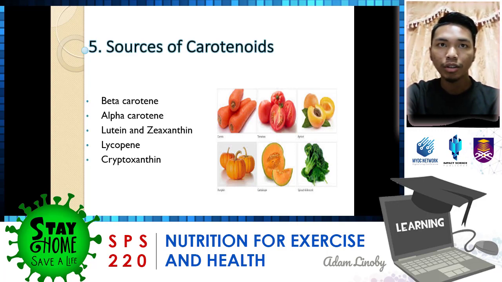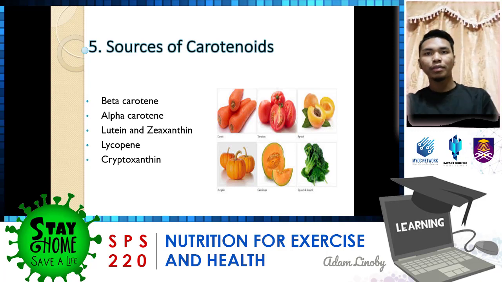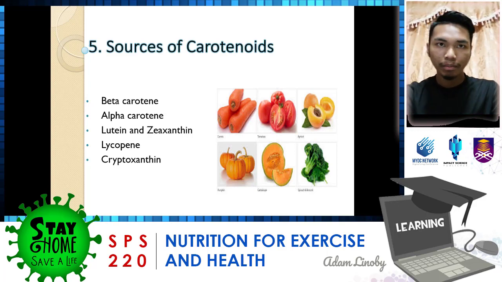The third one is lutein and zeaxanthin, for example leafy green vegetables, pumpkin, and red pepper. The fourth one is lycopene, for example guava, pink grapefruit, tomato, and watermelon. And the last one is cryptoxanthin, for example mangoes, orange, papaya, peach, and tangerine.